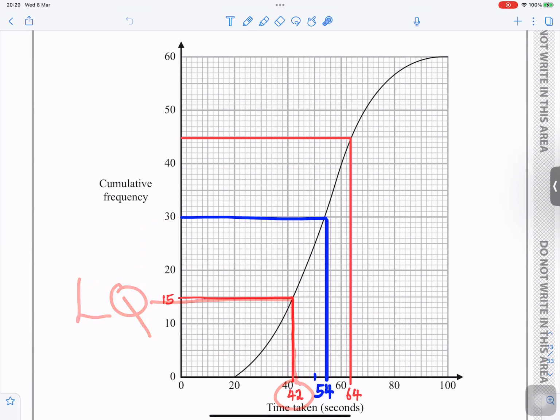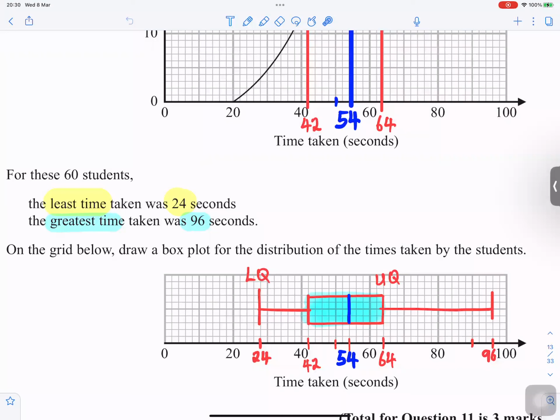If we divide the upper half between 60 and 30, the number is 45. And we put a line, we come down, we get 64. 64 is the upper quartile. So we mark those on the diagram. The minimum value is 24, which we mark there.